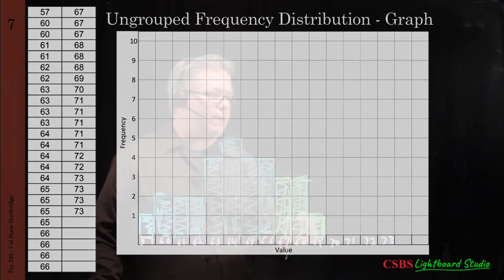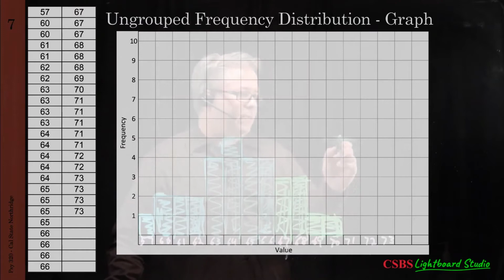71, there are 5. I'm sorry, so skip 70. 69, there's 1. 70, there's also only 1. 71, there are 5, which is here, all the way down to there.